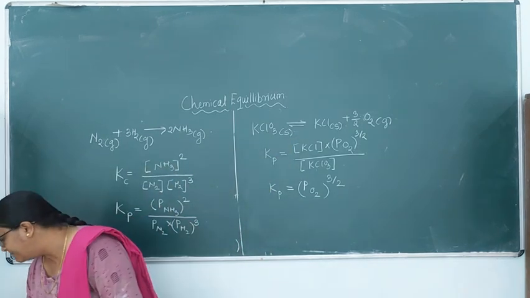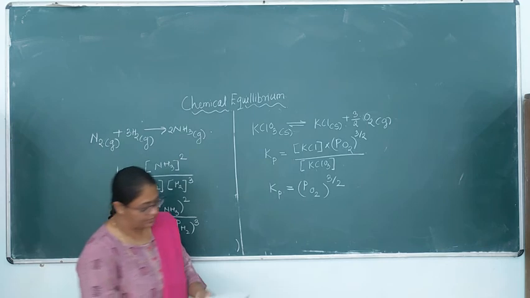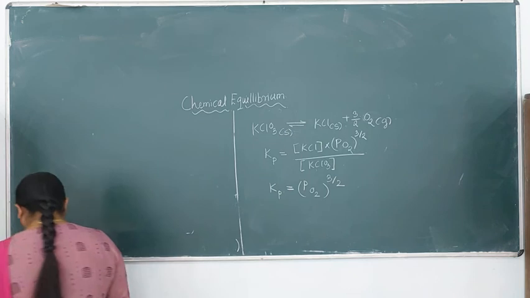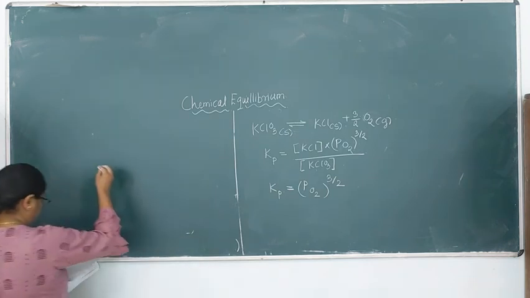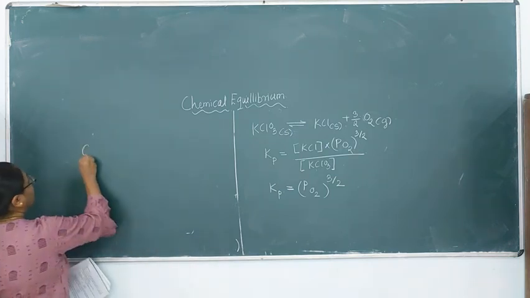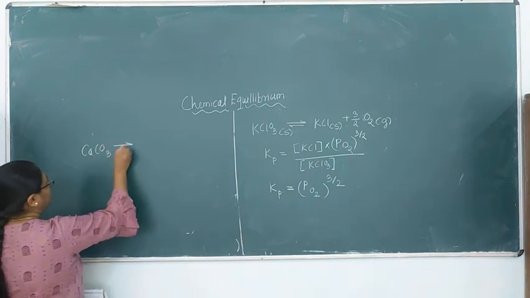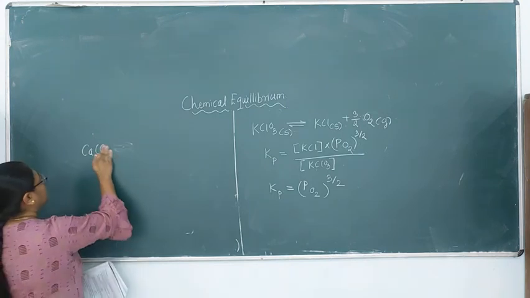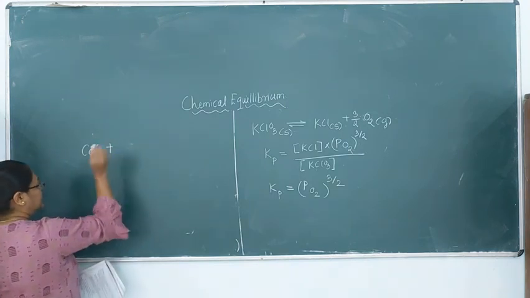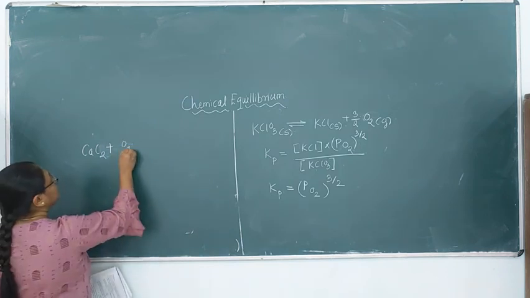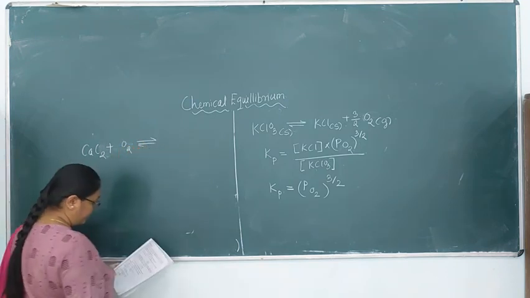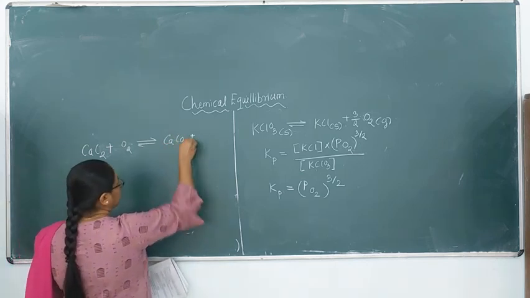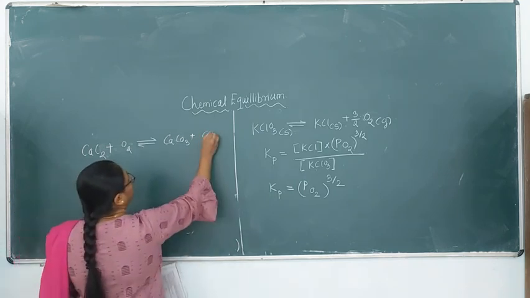Let's see one more example. Calcium carbonate, which gives calcium carbide plus oxygen gives calcium carbonate plus CO2.